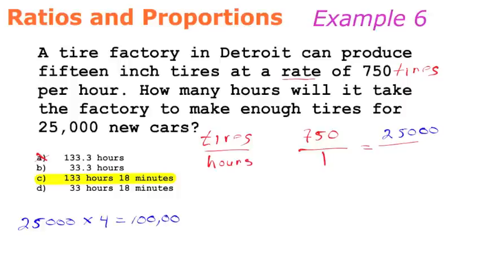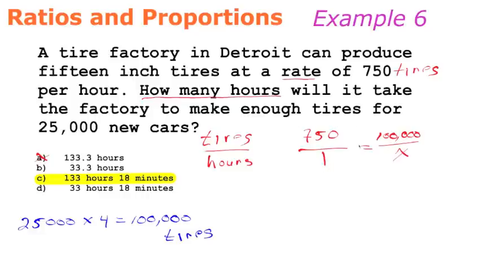You're going to need 100,000 tires for these cars. So instead of 25,000 here, you would use 100,000 over X, because that's how many hours, and that's the question. It asks us how many hours.